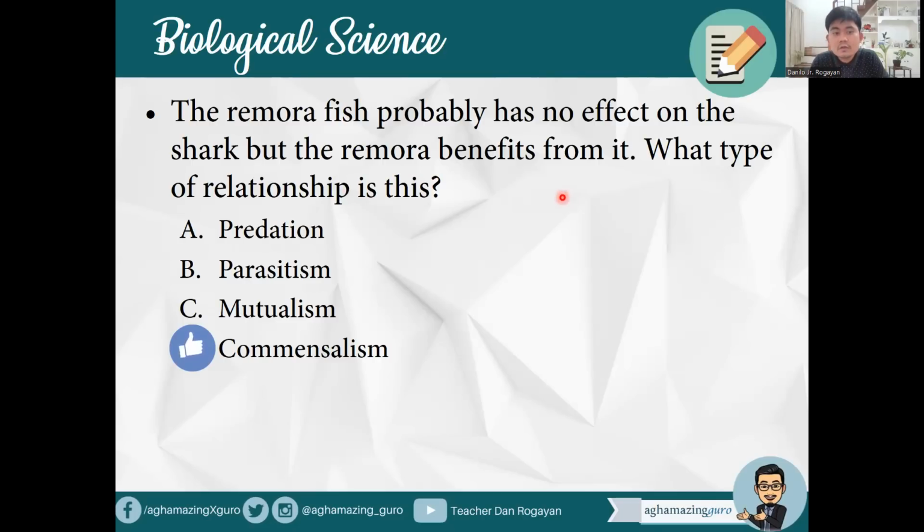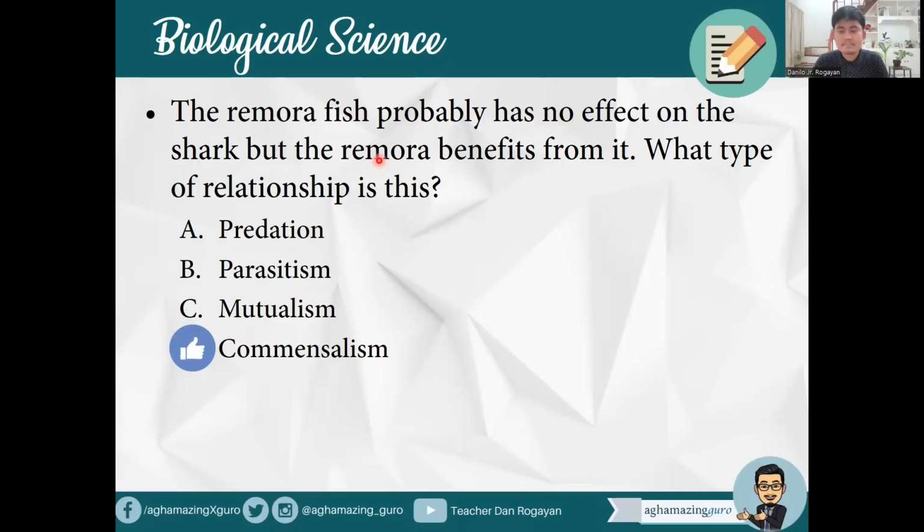Ngayon, kung nakikiride si remora, may benefit siya. Anong benefit ni shark? Wala. Unharmed siya. Tama? So basically, hindi siya mutualism, kasi wala namang benefit na nakukuha si shark from the remora.